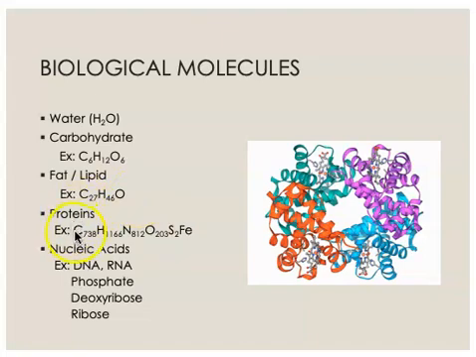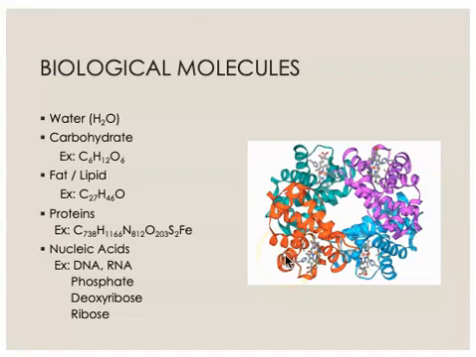This ridiculous-looking chemical formula is underneath proteins. You would never write this molecule out this way, but I did it just for demonstration purposes. This is the chemical makeup of a molecule called hemoglobin. And over here on the right side of the slide is an image of what the hemoglobin molecule looks like as a three-dimensional folded protein.